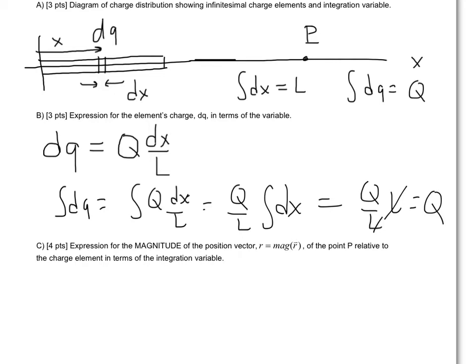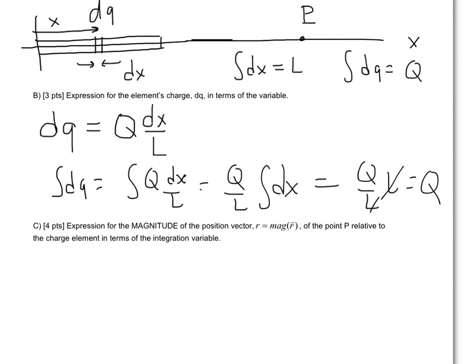Next step will be express the magnitude of the position vector r of the point P relative to the charge element in terms of the integration variable. That's r will be the magnitude of the r vector. Now let me just point out exactly what this r vector is.